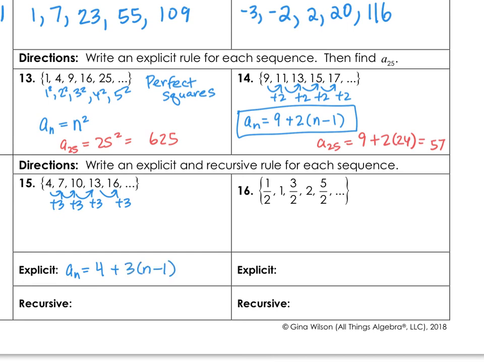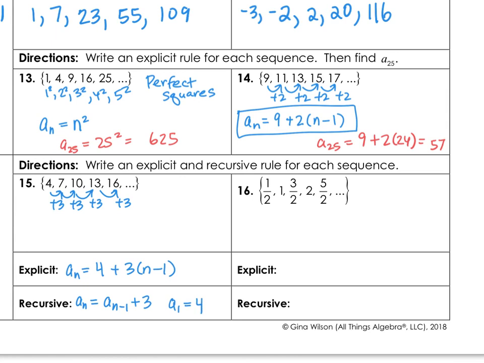The recursive one, you would say the nth term is found by taking the number in front of it, which is a sub n minus 1, and adding 3 to it. But then you have to specify that the first term is 4.